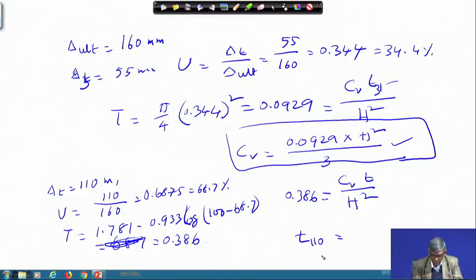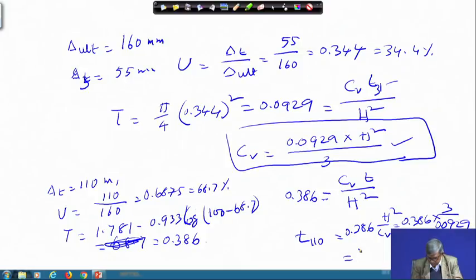T 110 will be 0.386 into H square by C V, and if you substitute, it becomes 0.386 into 3 by 0.0929.